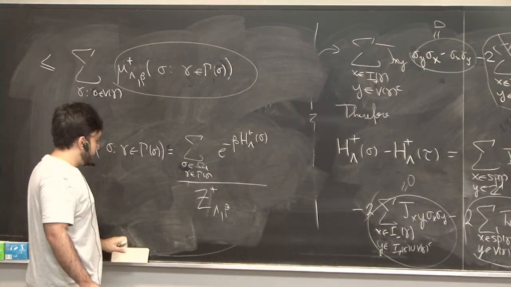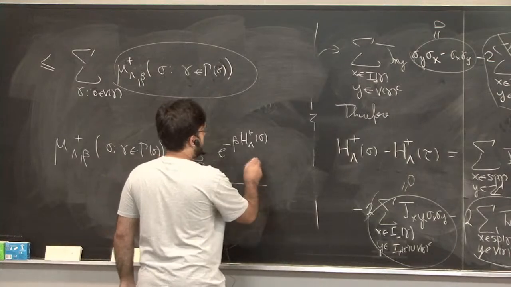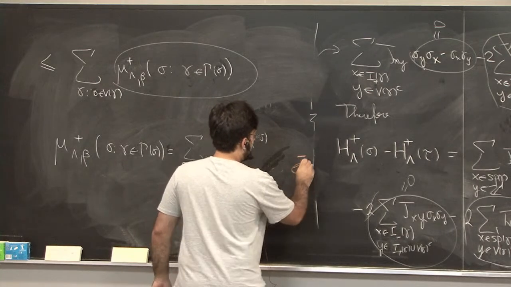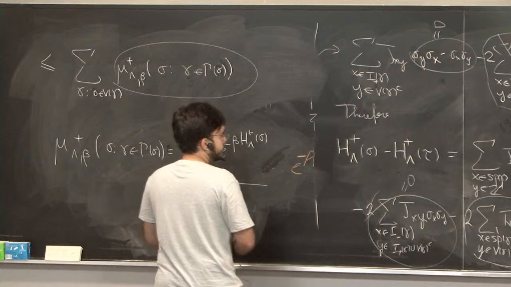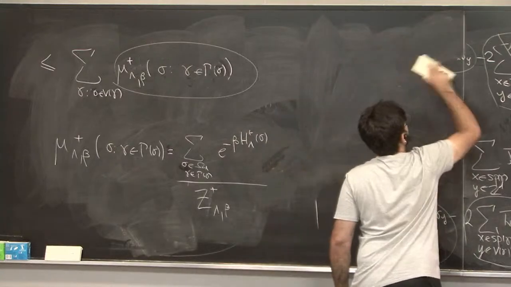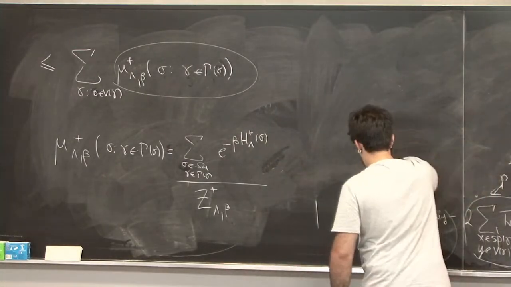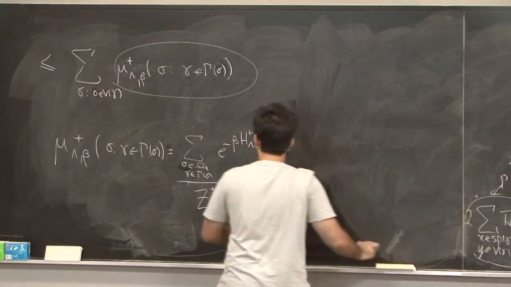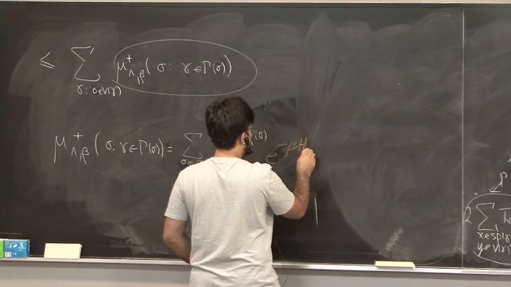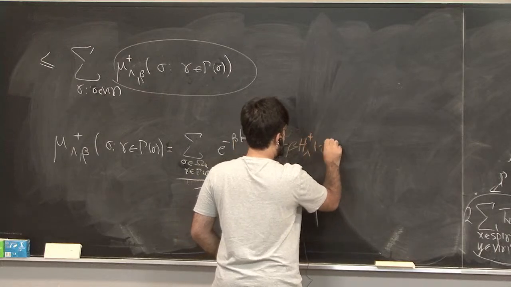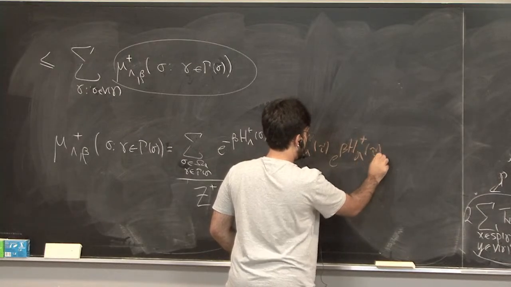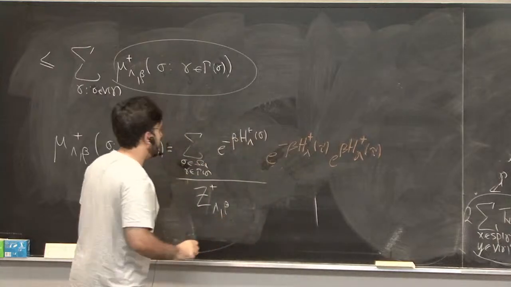Then I will make the following trick. I will write exponential of minus beta H of the configuration tau sigma, times exponential of beta H plus of the configuration tau sigma. Okay?